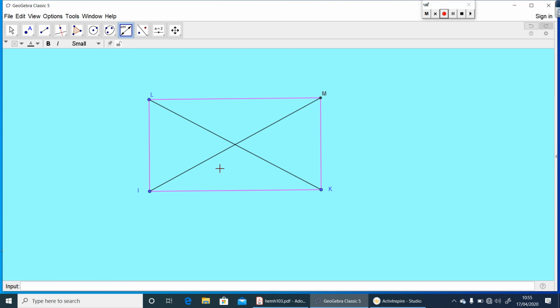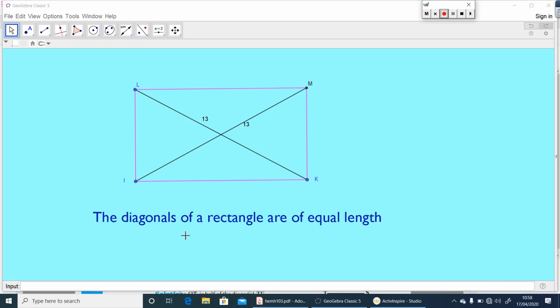Here IM is equal to 13 and KL also is equal to 13. That means diagonals of a rectangle are equal in length. One more property: in a parallelogram diagonals bisect each other. So in a rectangle diagonals are equal and bisect each other.